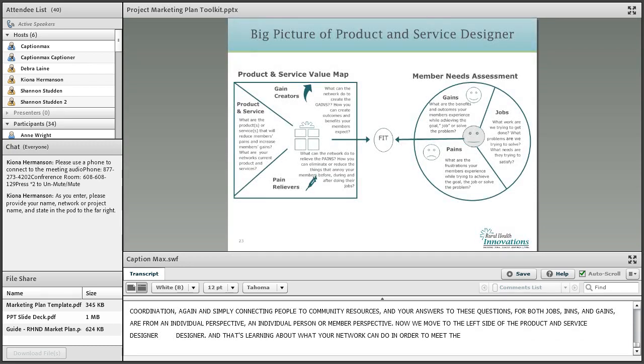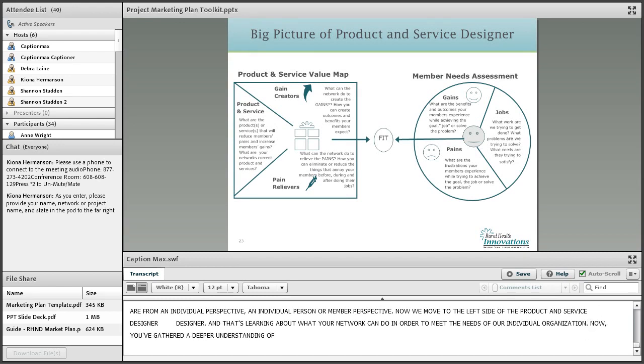Now we move to the left side of the product and service designer. And that's learning about what your network can do in order to meet the needs of your individual organization. Now you've gathered a deeper understanding of your members' needs.